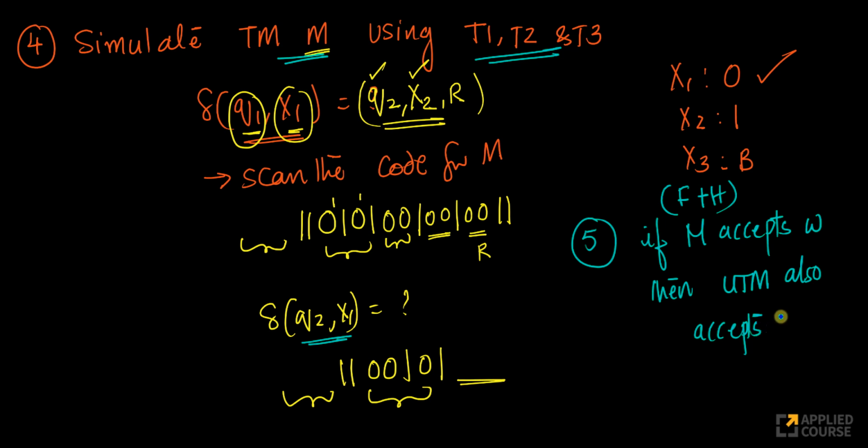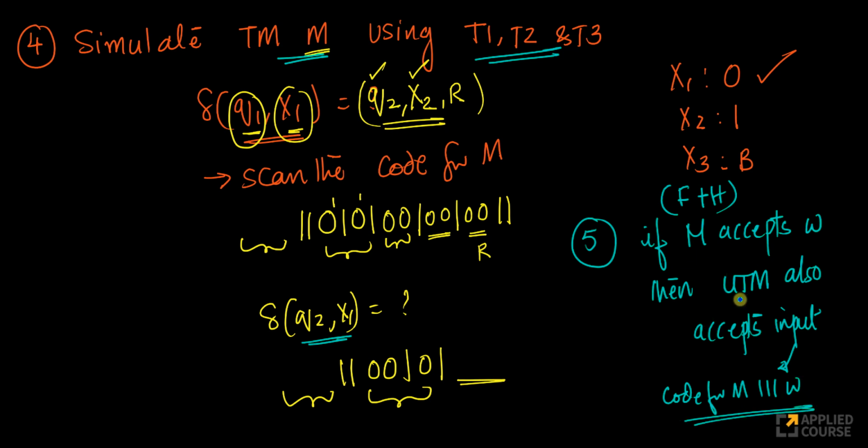What is the input here? The code for M. So let me write this down below here. So the UTM also accepts the input. What is the input for the UTM? The input for the UTM is the code for Turing machine M 111W. Look at this.